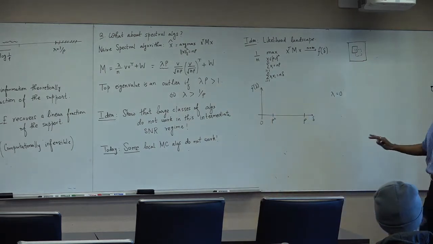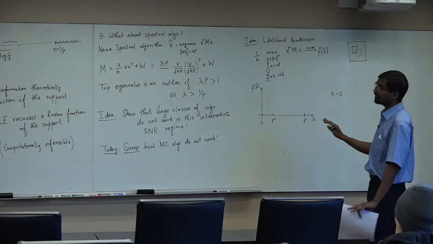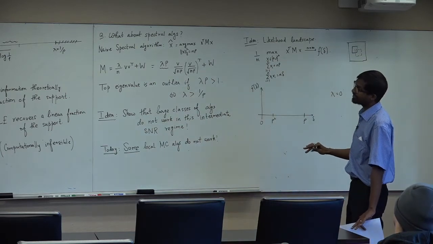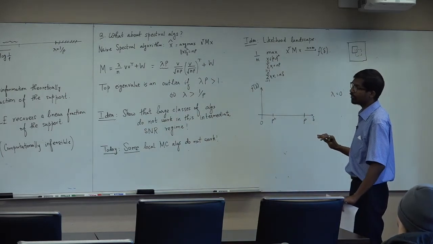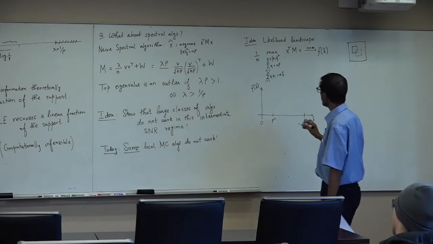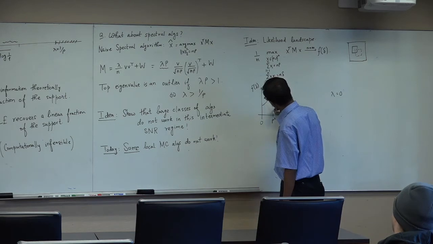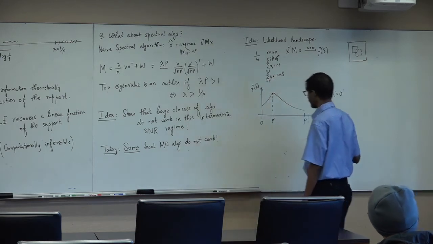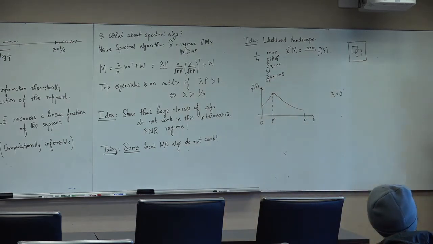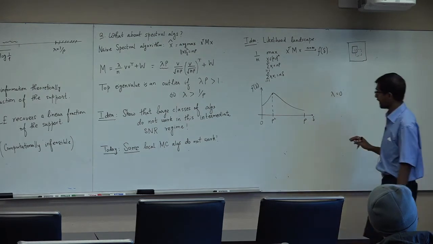You have no idea about the signal. Whatever is your optimum has basically nothing but trivial correlation with V. So this function should basically look like this: global maximum at rho squared and then decay. That is how this function should behave.